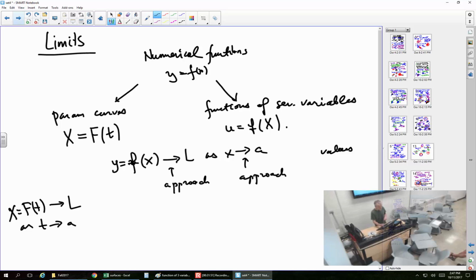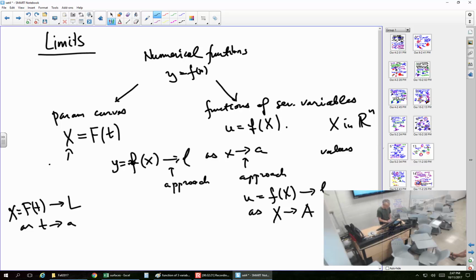The dimensionality, that is. So u is equal to f of X approaches L. Let me make a little L here in order to emphasize that we're talking about numbers. Okay, as X capital is approaching some multidimensional point in the multidimensional space. So then here X is in Rn, while u is a real number, and here X is in Rn as well.